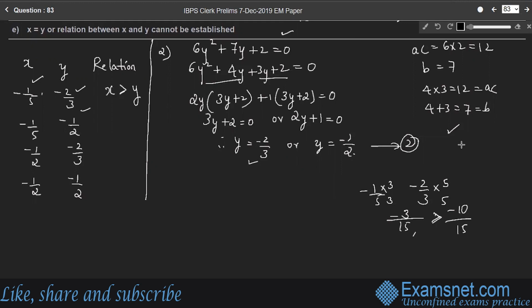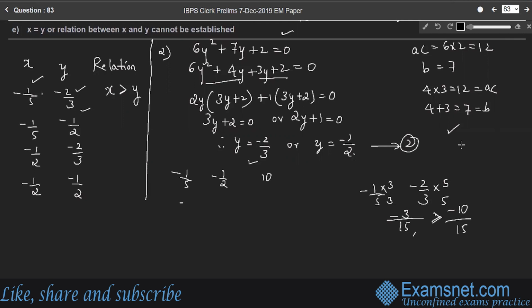Second value, -1/5 and -1/2. Which is greater? Convert the denominators into the same number. Here the LCM of 5 and 2 is 10.